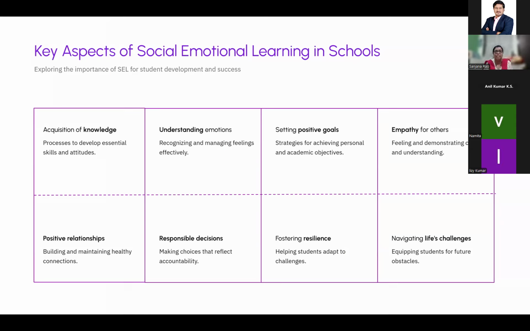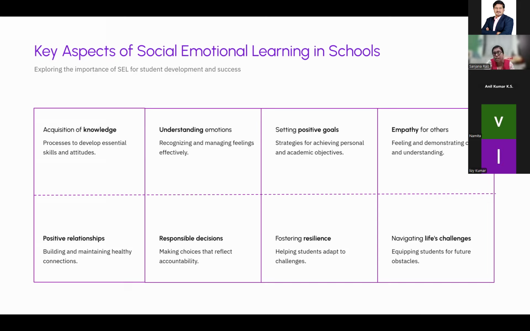Next comes the key aspects of social and emotional learning in schools. We have to explore the importance of social and emotional learning and how we have to develop these things in our students. Acquisition of knowledge, a process to develop essential skills and attitudes. Understanding emotions, as you told, empathy, recognizing and managing feelings effectively, what children are going through or what we are going through.